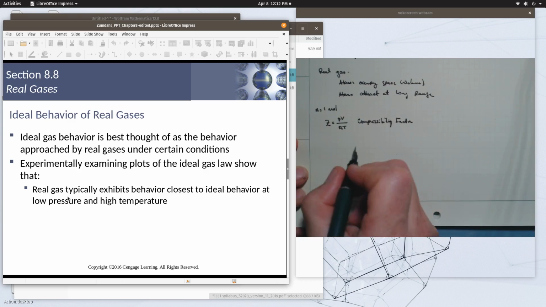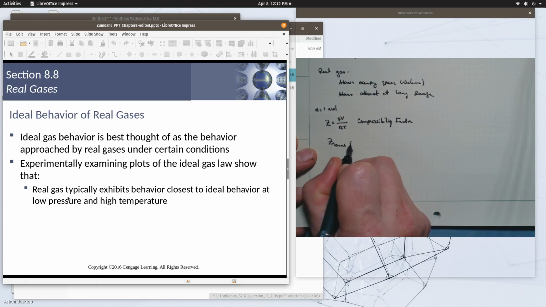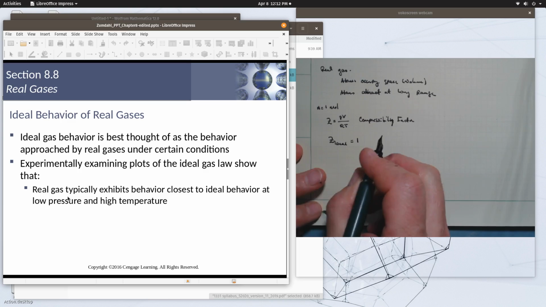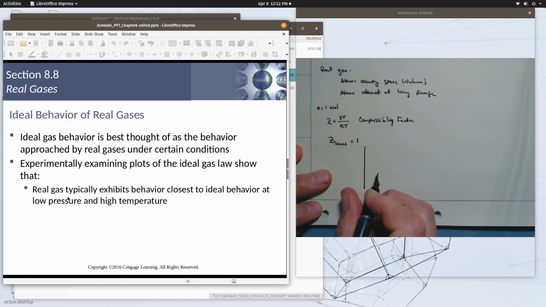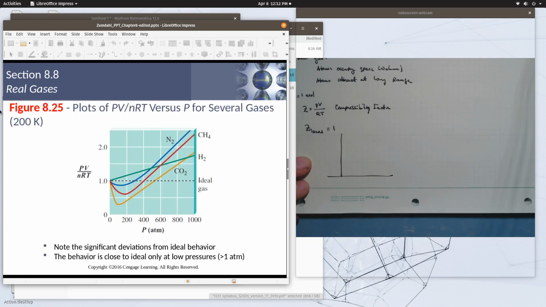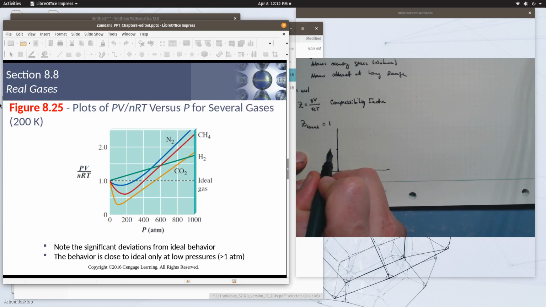An ideal gas has a compressibility factor equal to 1. Now, if I look at the compressibility of a real gas versus pressure, P in atmospheres, Z equals 1 for an ideal gas.